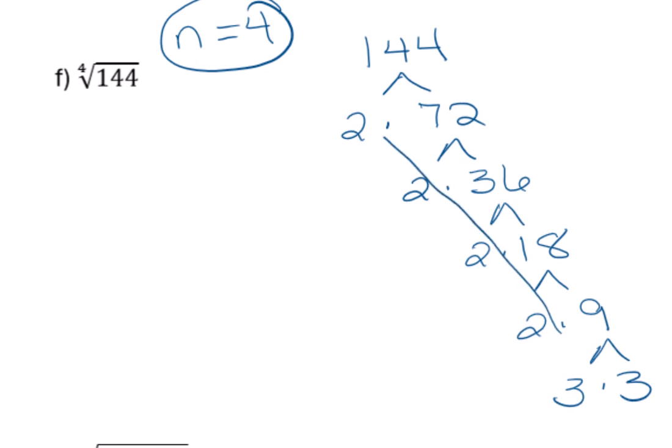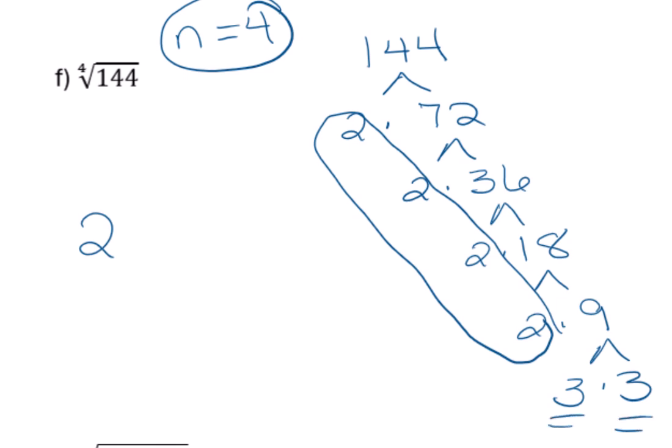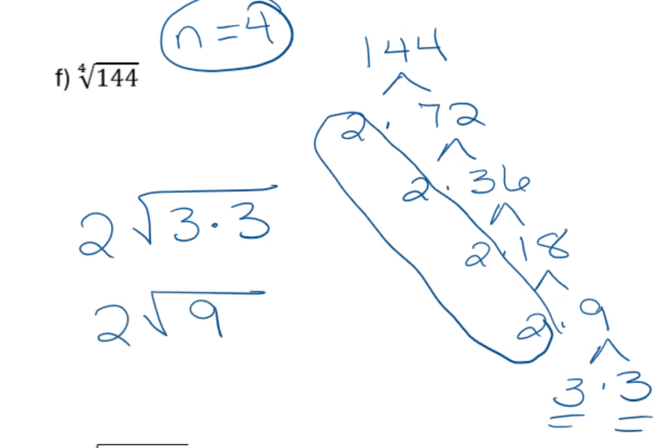Well, I have 4 2's, and they don't have to be in a row. You may have started with 8 and 9, sorry, 16 and 9. But we found that entire prime factorization, we have 4 2's, so that 2 can come out. But we have 2 3's. We don't have enough of those 3's, so those 2 3's have to stay in. We needed 4. So we end up with 2 fourth root of 9.